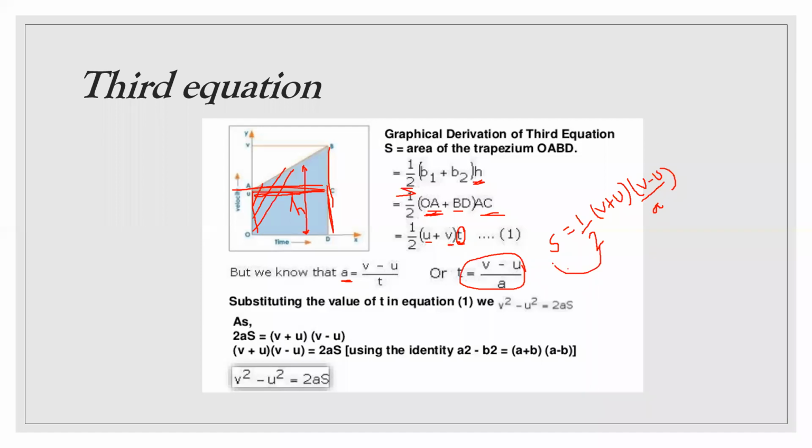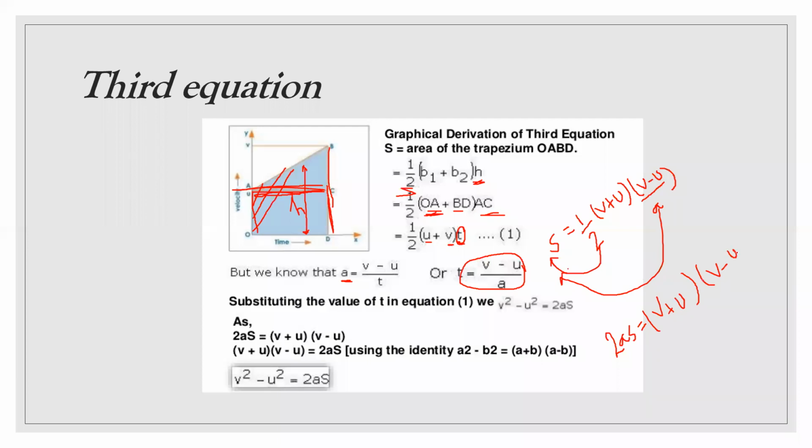Now we will take this 2 to this side of the equation and this a also to this side. So it will become 2as equals (v plus u) multiplied by (v minus u).